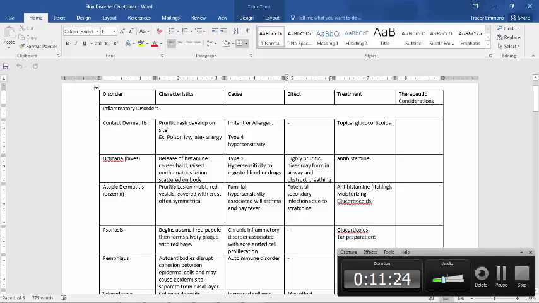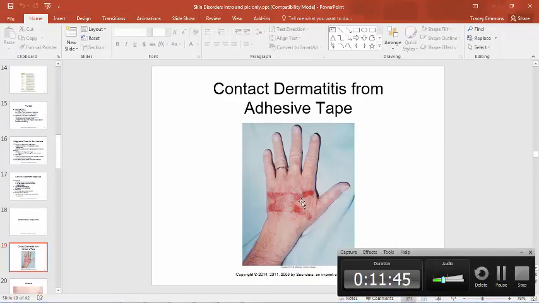This is a pruritic, itchy rash that develops on the site of contact. It's often caused by an irritant or allergen, so it's really the allergen portion, like poison ivy or latex allergies. Contact dermatitis has very defined lines, and we can use topical glucocorticoids to treat it, which is a steroid cream. And you can see here, this is the tape, probably for my IV.